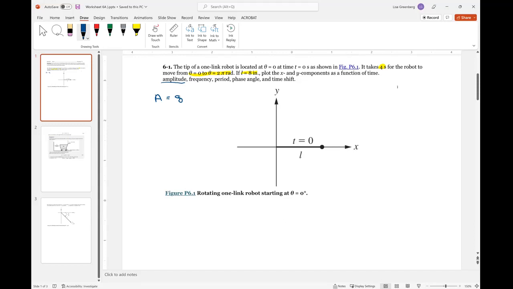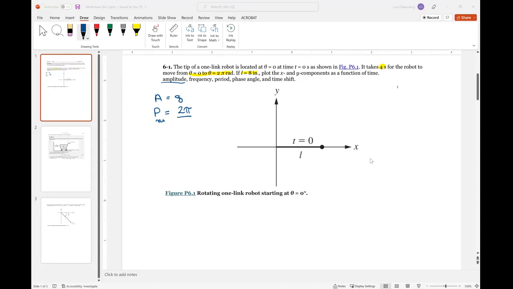So the period is going to be, so it's going from 0 to 2 pi. So we want to find our new period, right? So it's 2 pi over, and it takes 4 seconds for the robot arm to move that far, right? So it's going to be over omega.